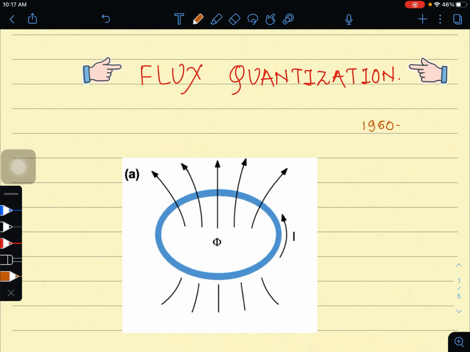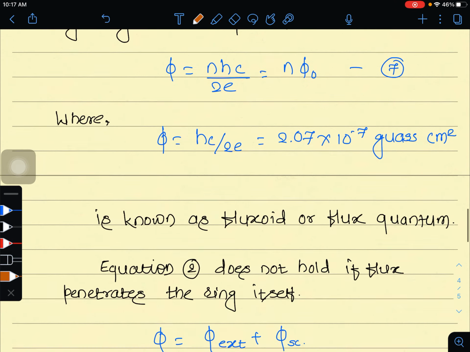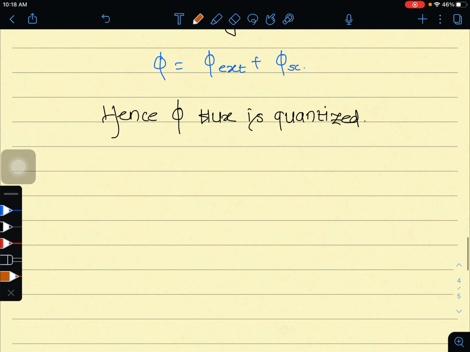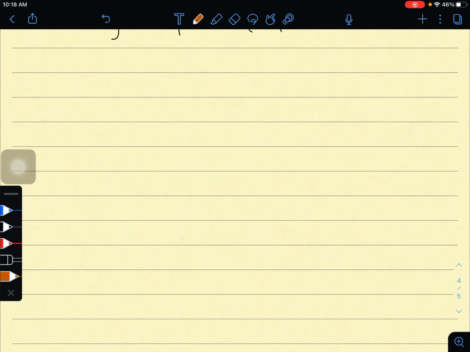These two scientists, with the help of a complex wave function, described the superconducting state. Now let us find out what flux quantization in superconductivity is.